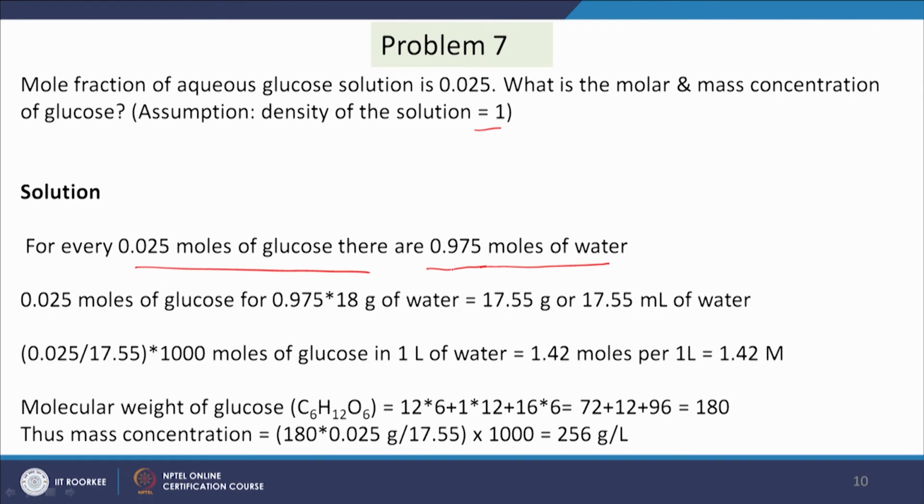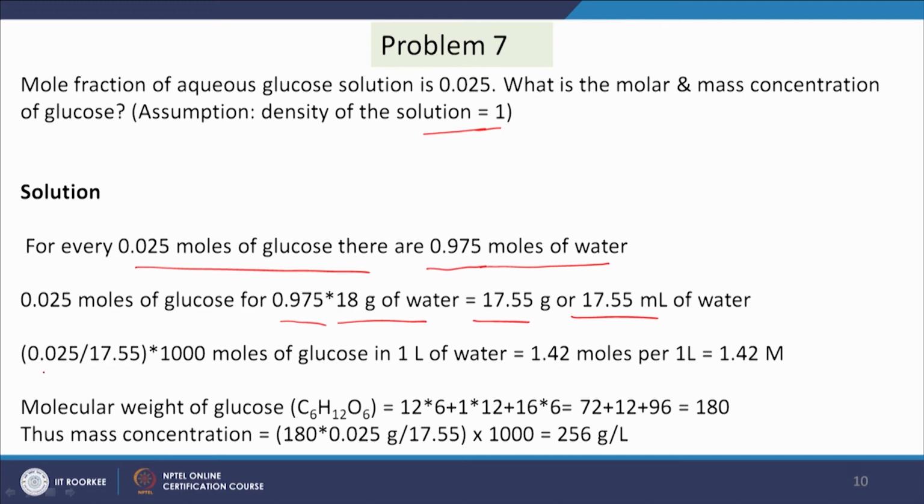that is equal to 0.975 moles of water. So, 0.025 moles of glucose for 0.975 into 18 gram of water, because molecular weight of water is equal to 18. So, that is equal to 17.55 gram, or we can consider that 17.55 ml of water, because their density is 1 gram per cc.